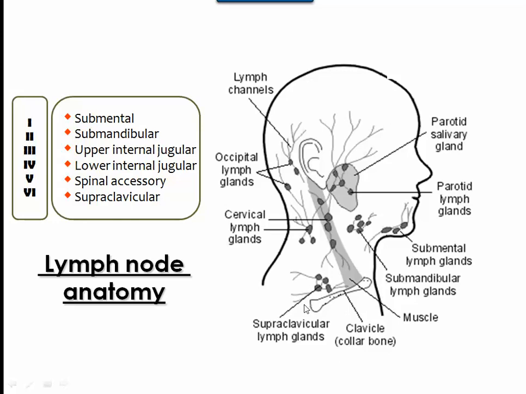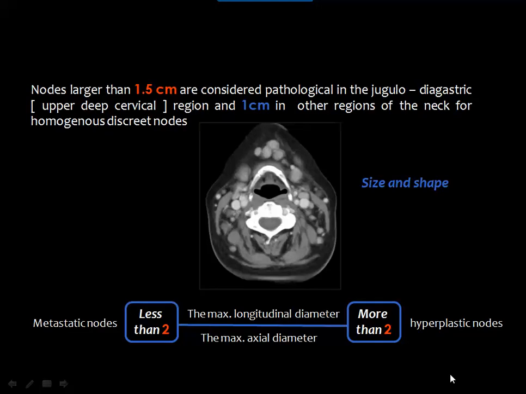Then we have the spinal accessory or the posterior group of neck lymph nodes, and finally we have the supraclavicular nodes. You remember that in the past, when CT was the only imaging way, and also the ultrasound, to assess the neck lymphadenopathy, we used to use the size of 1.5 centimeter as the threshold for the pathologic nodes.